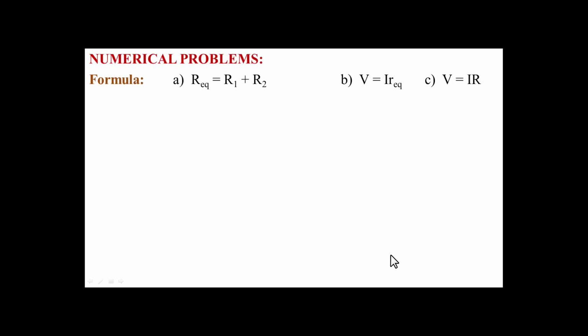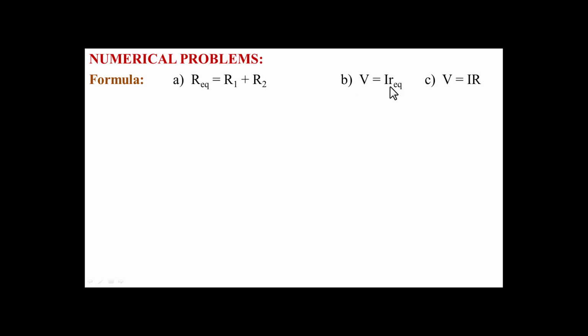In the solution of numerical problem question number 5, we can use these formulas. First of all, for part A, equivalent resistance R equivalent is equal to R1 plus R2. For part B, we use Ohm's law, V is equal to IR.